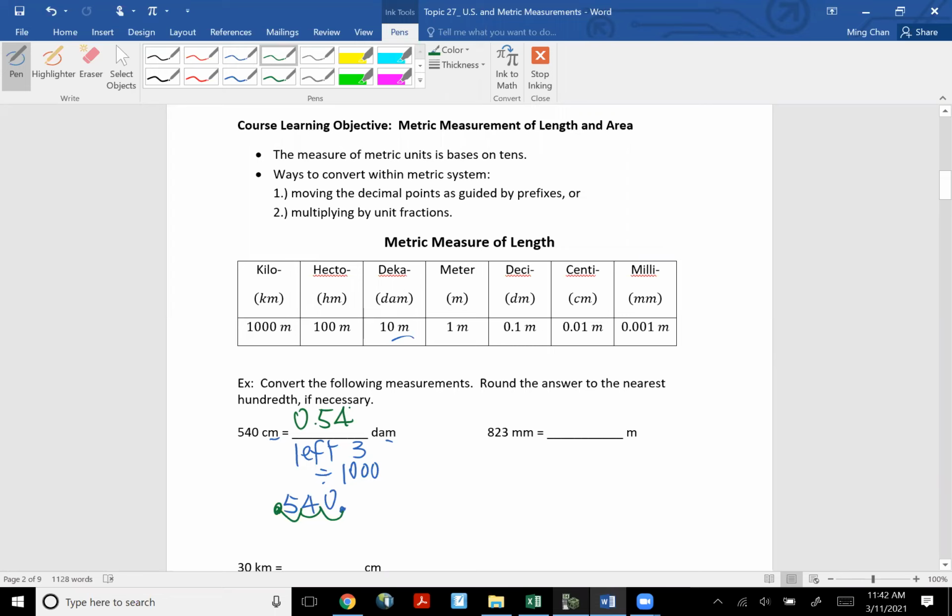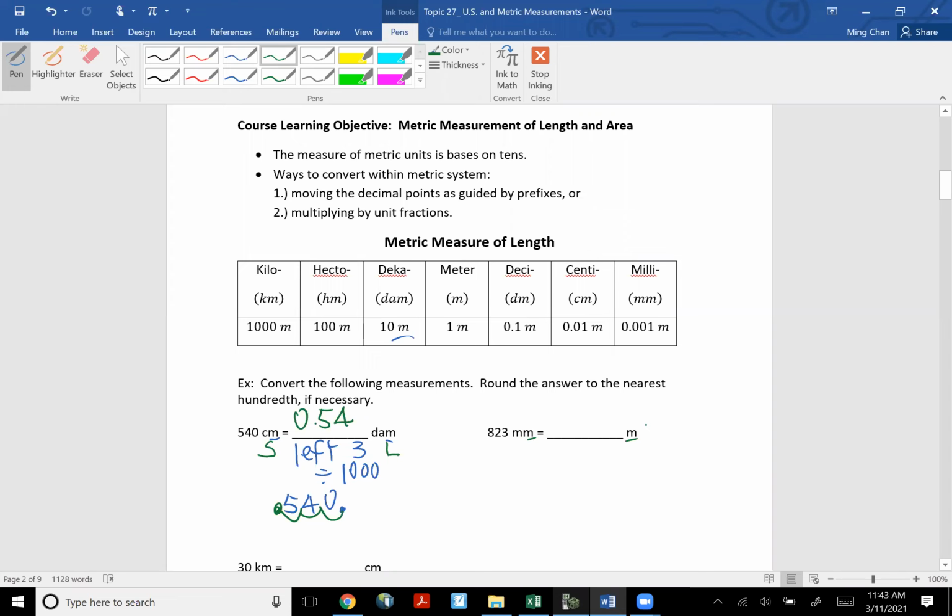Why does the answer make sense as compared to the 540? You've got to remember, centimeter is a small unit. Decameter is a larger unit. So whenever you convert from a small unit to a large unit, you need a small number to represent that you are converting from small to large. If you think of it like that, it will make more sense. All right, conversion between metric lengths.